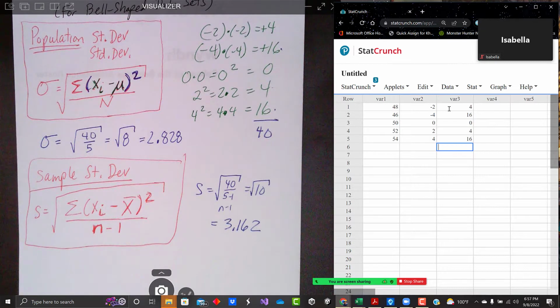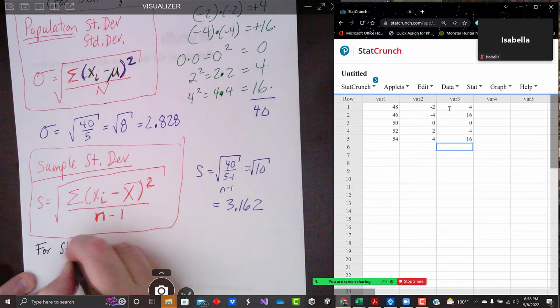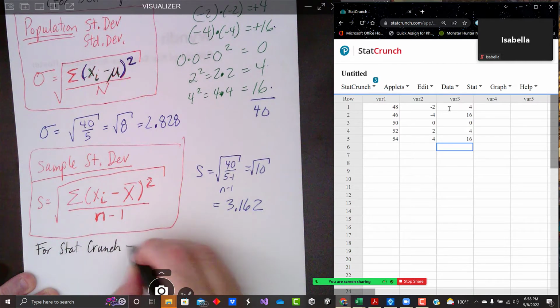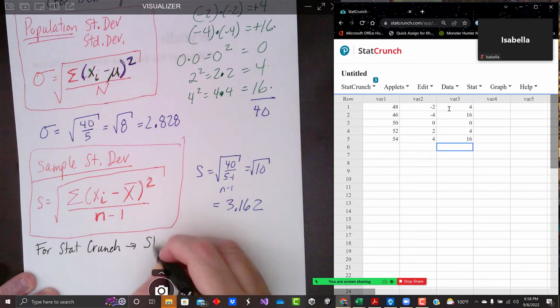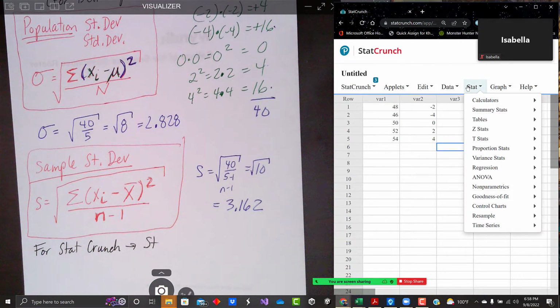We used in StatCrunch the same thing for mean. We can't use the same thing for standard deviation; we really need to know if it's a population or a sample. So the important thing to know for StatCrunch, the one that says standard deviation, let me load it up, show you real quick.